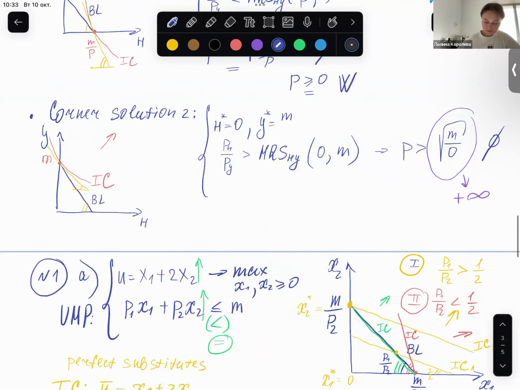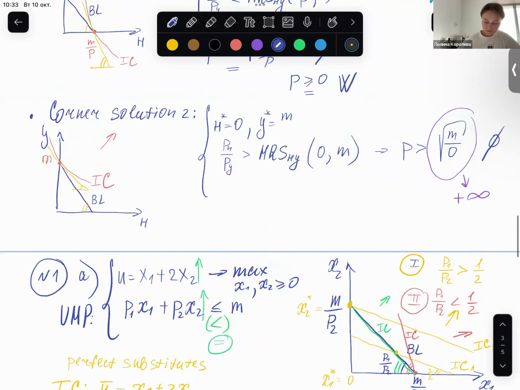The second method is to write down the utility maximization program with one variable. So one more time, x1 plus 2x2, we should maximize by choosing x1, x2 greater or equal than 0, subject to the budget constraint.